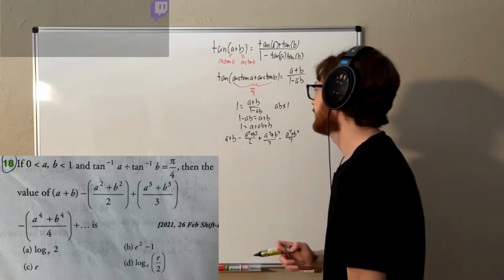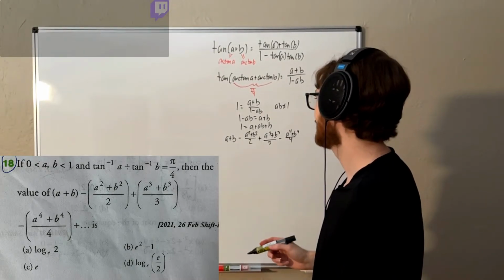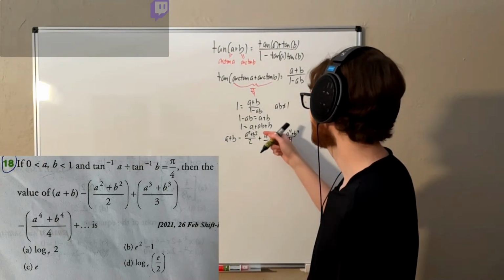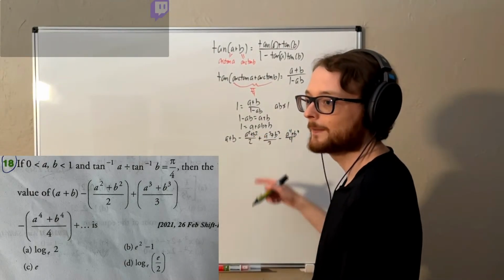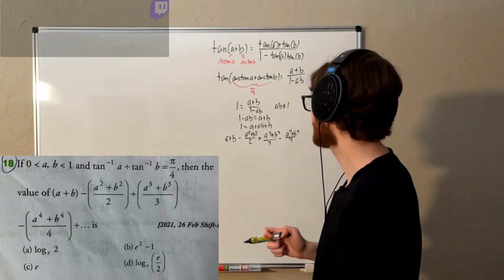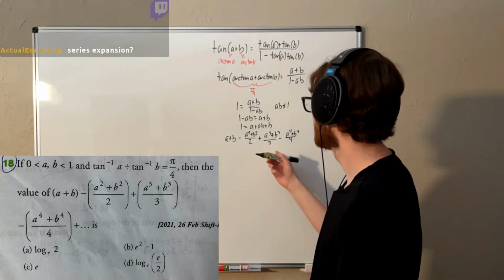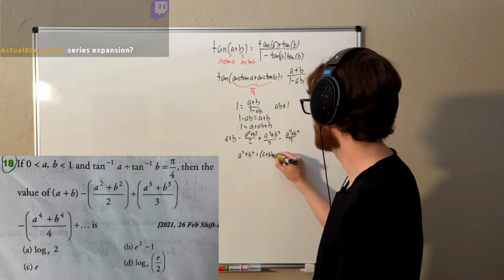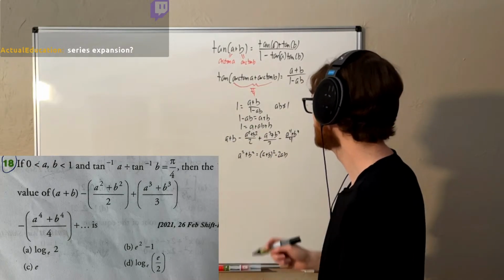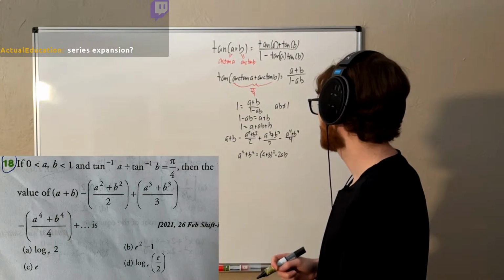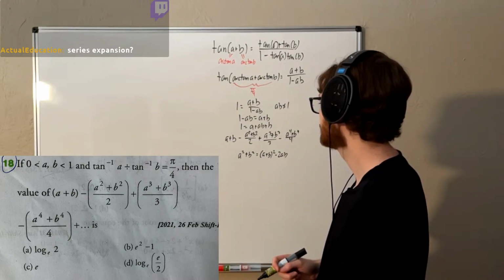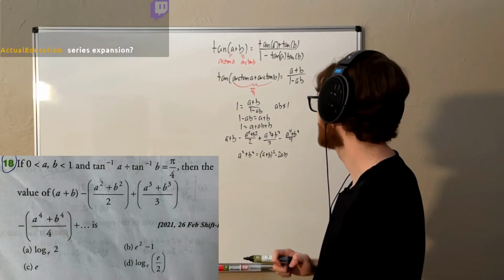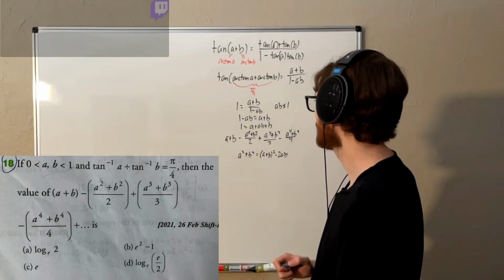It would be nice if we could write it as like A plus B to some power and then minus whatever is left over, like saying that A squared plus B squared is equal to A plus B squared minus 2AB. I don't know that subbing this for that gets us where we want to go, though.